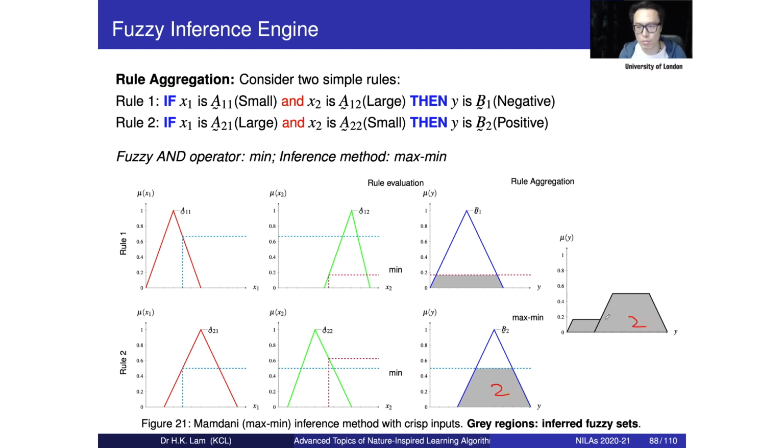Now we are going to put everything together. Now we are going to perform max. So max means that the first gray area is this one, and the second gray area is this one. The max means that we are going to go through every value from the left to the right.